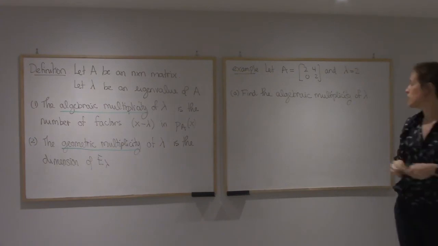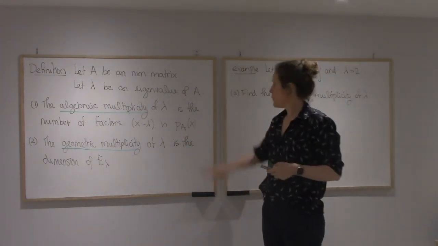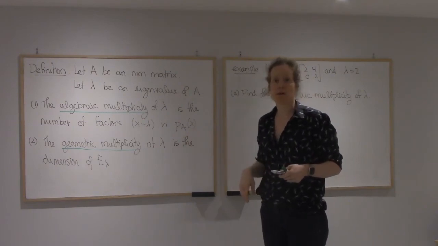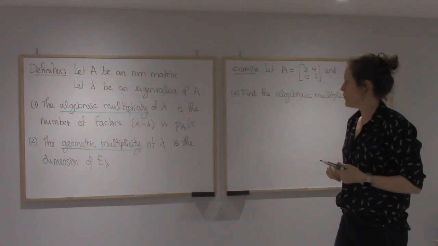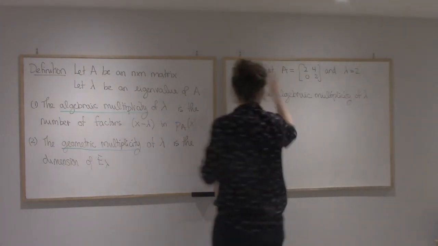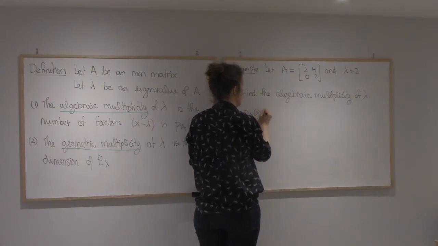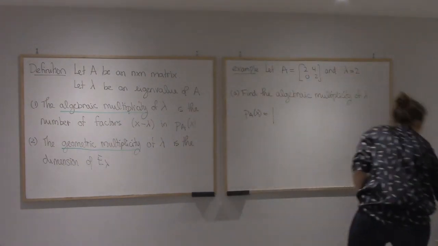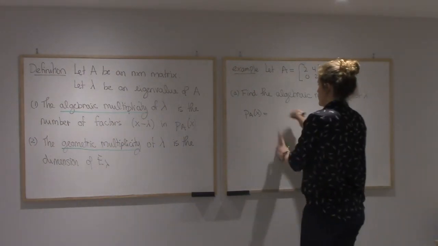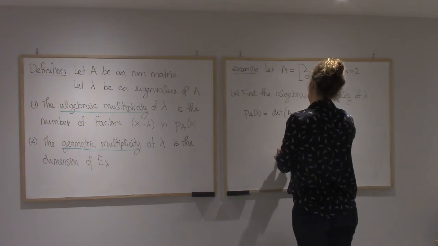All right, so to find the algebraic multiplicity, I must compute the characteristic polynomial, and I need to figure out how often it would be divisible by x minus 2 in this case. So p_A of x is the determinant of A minus xI.